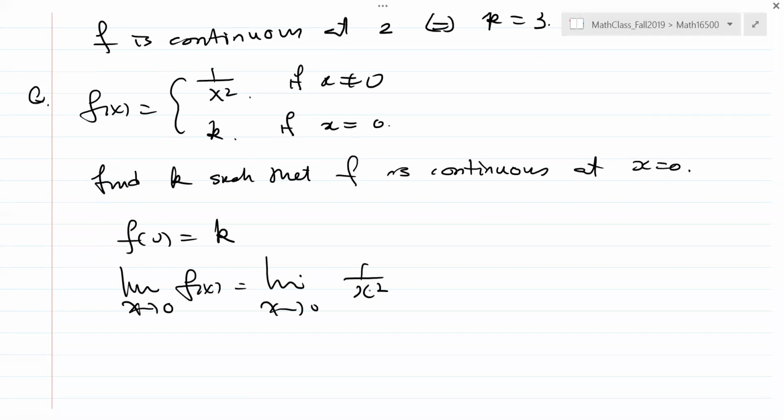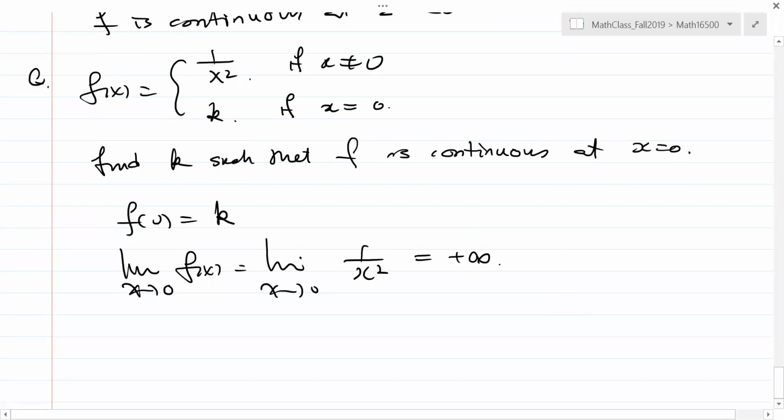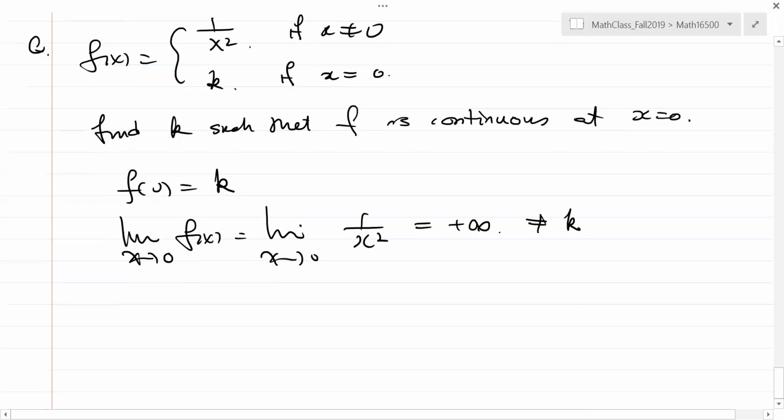When x is not equal to 0, f of x can be replaced by 1 over x squared. And this is going to be just 1 over positive 0. It's going to be positive infinity. So the limit is positive infinity as x approaches 0. The value is going to be k. But infinity can never be equal to k. So therefore, it's never equal to the value of the function.